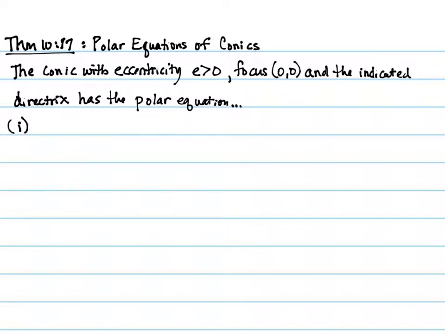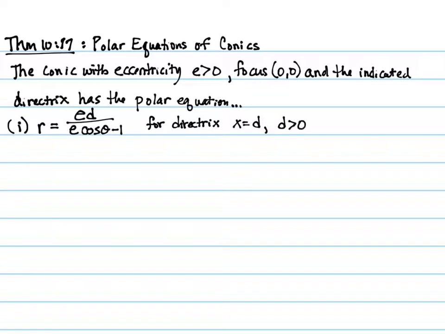Option number 1 is that the equation is r equals the eccentricity times the directrix distance, e d, divided by e cosine of theta plus 1. This occurs for directrix x equals d, where d is positive.